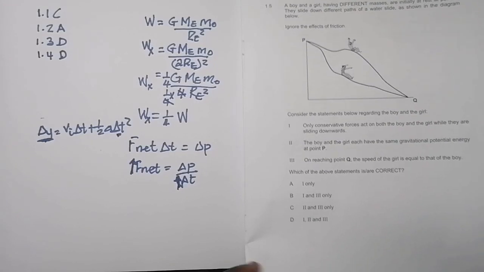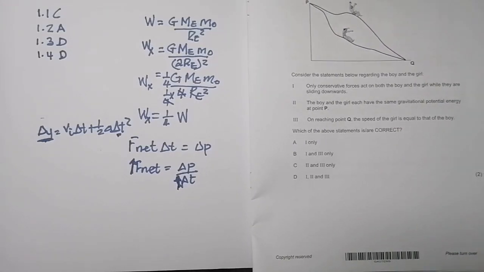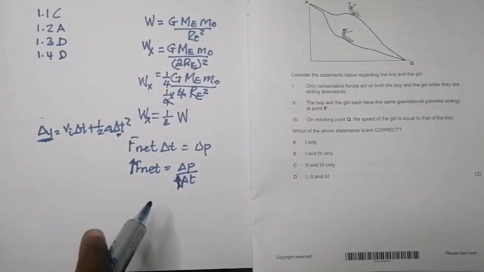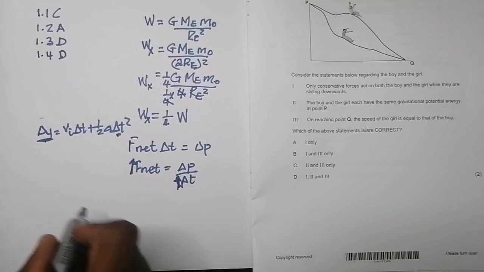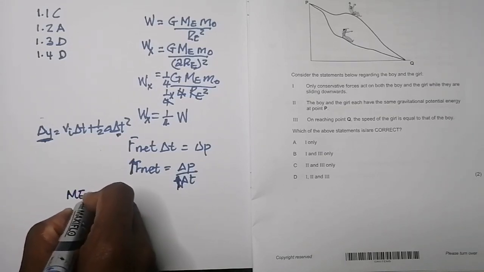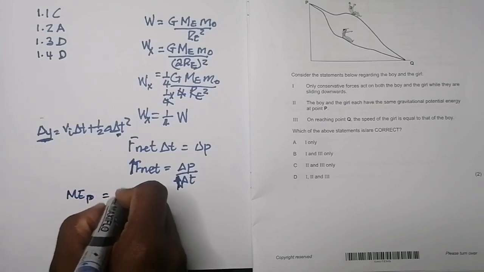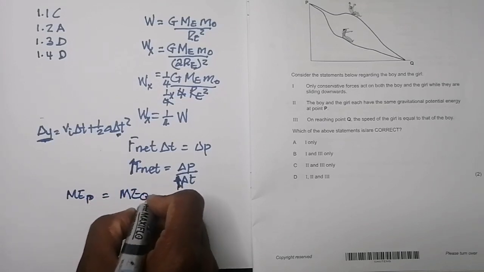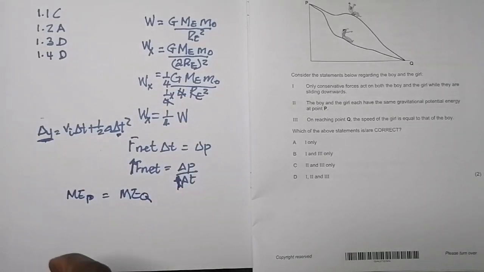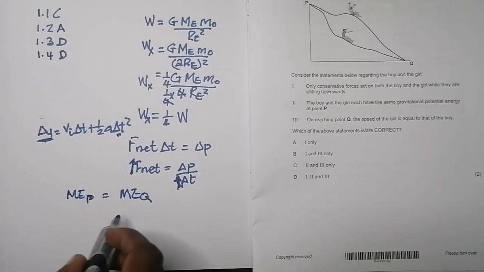Now, if you think about it, mechanical energy is conserved between point P and point Q. So mechanical energy at P equals mechanical energy at Q. And I can use this because in this case there is no frictional force and no applied force, there are just conservative forces.